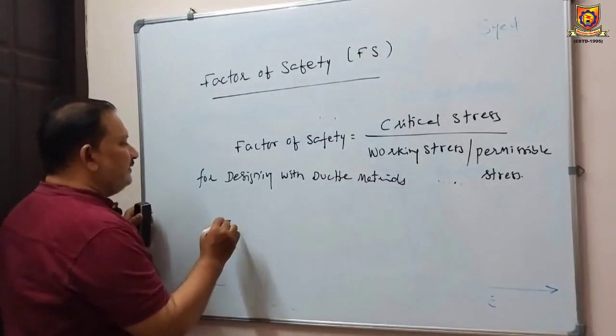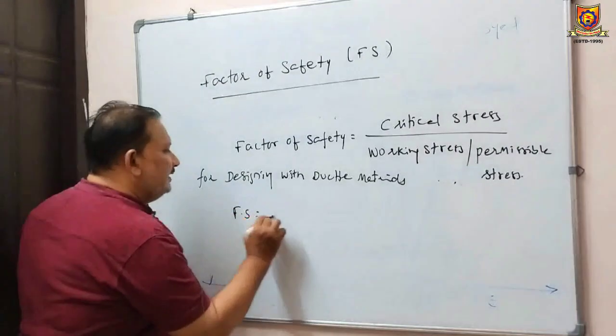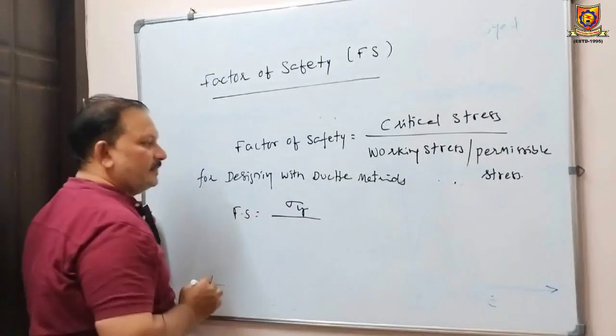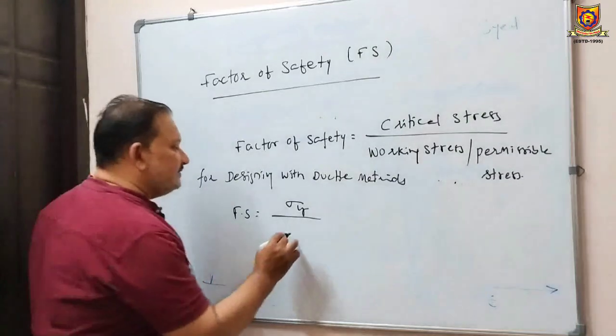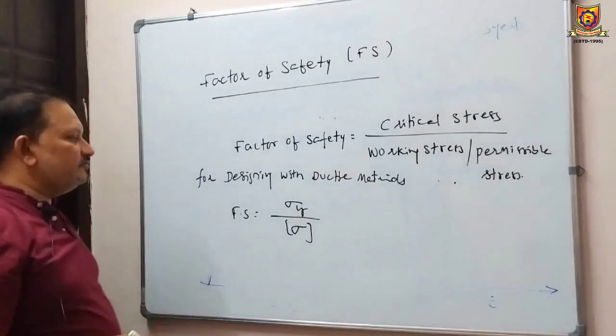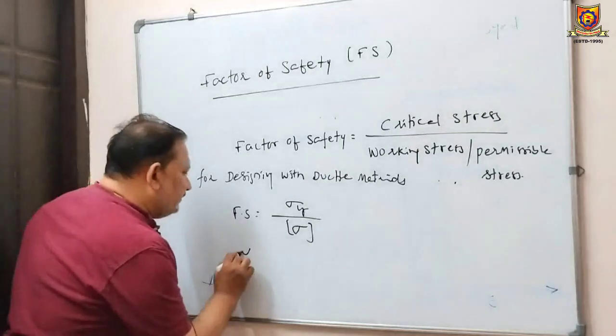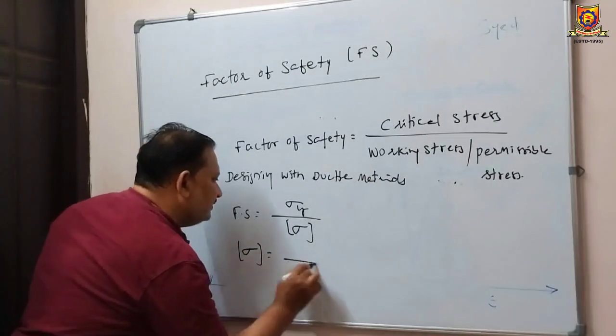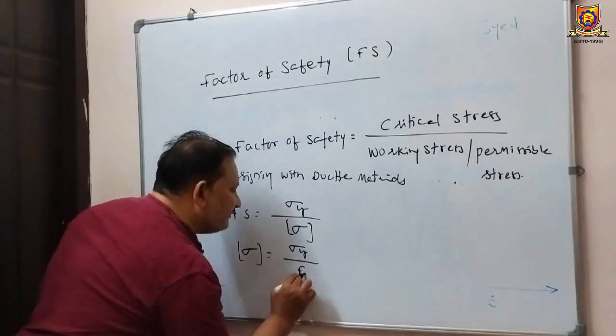For designing with ductile materials, we have to consider yield strength as the critical stress. Yield stress is the critical stress, and sigma, that is called permissible stress or working stress, is the ratio of yield stress to the factor of safety.